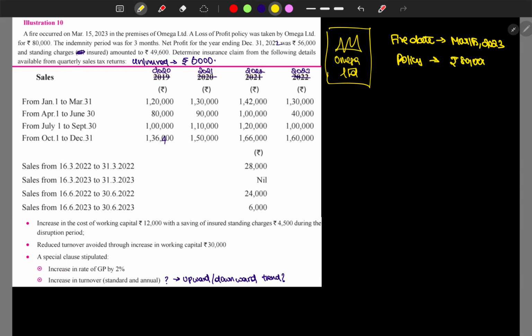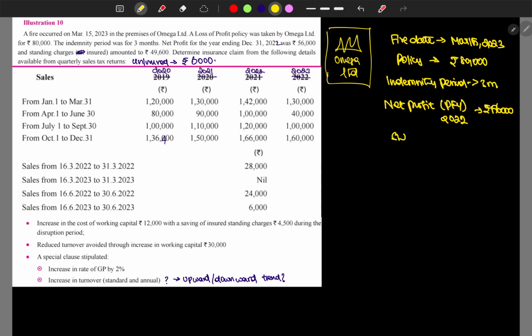Indemnity period, which is the affected period, is 3 months. And net profit for the previous financial year, which is 2022, is rupees 56,000.